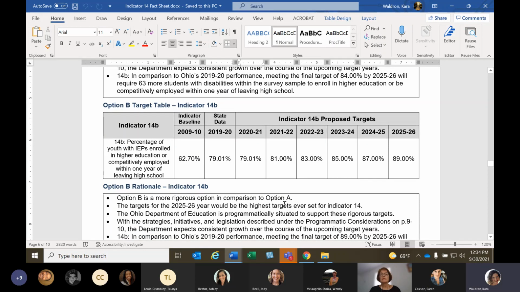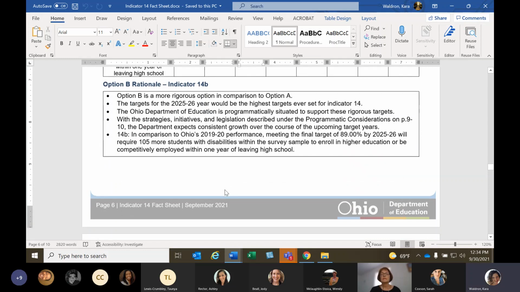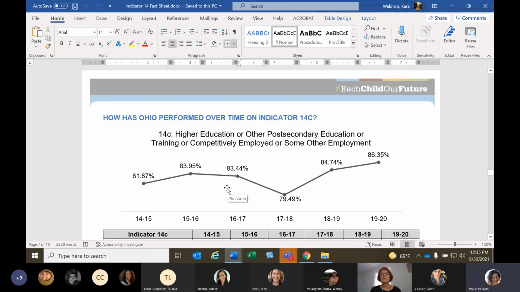All right, we are almost done building for indicator 14. So now we add in our third group, and that's the some other group, right? Some other education or training, some other employment. You can see adding them in, we do go up slightly, but not by a lot, right?